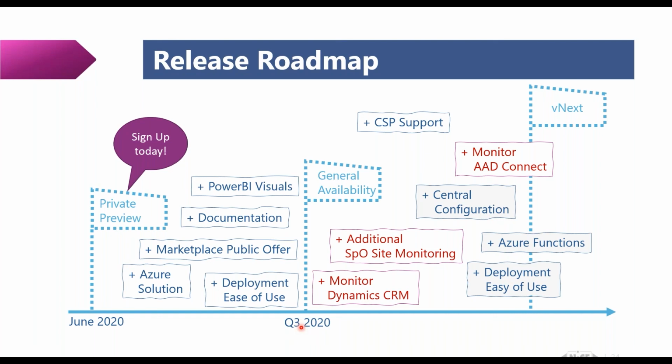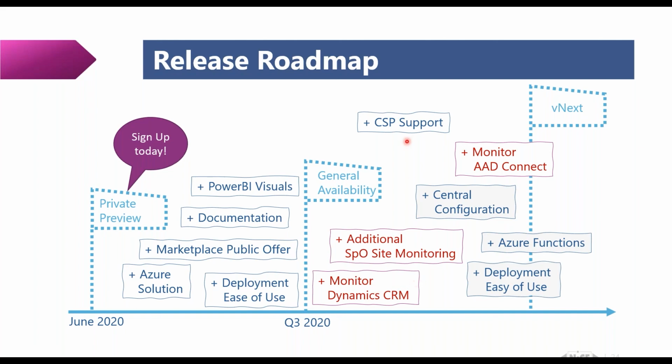Once we move to GA, that's planned towards the end of Q3 this year, probably just after summer, we'll provide additional monitoring on SharePoint Online, site monitoring. Dynamics will be a part of that. We already have Dynamics monitoring with the management pack, and all the data which you have in Dynamics will become part of, or can be made part of, the Azure monitoring as well.